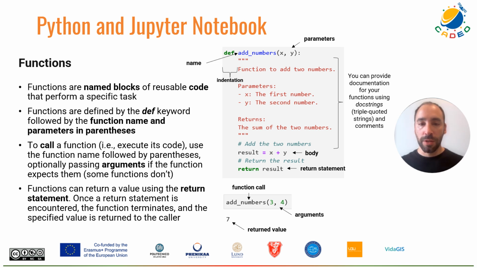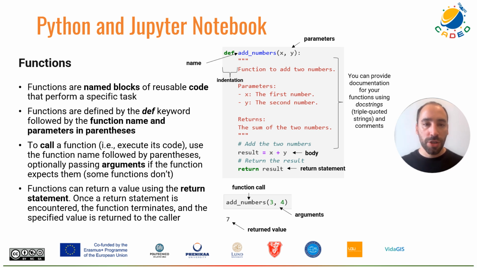Now that we know the basic features of Python, let's have a look at something more complex. Let's speak about functions. Functions in Python are named blocks of reusable code that are designed to perform a specific task. To define a function, we use the def keyword, followed by the name of the function and its parameters in parentheses.